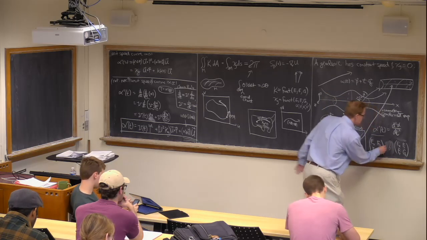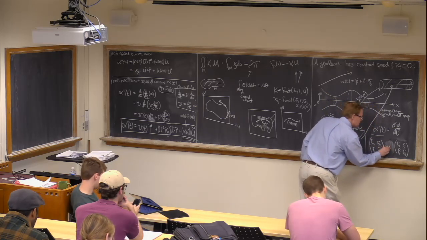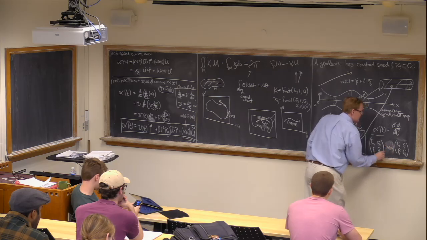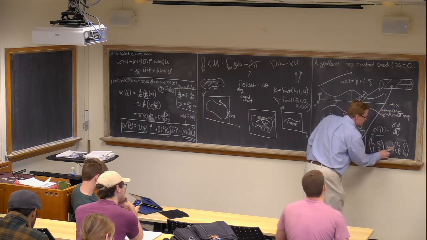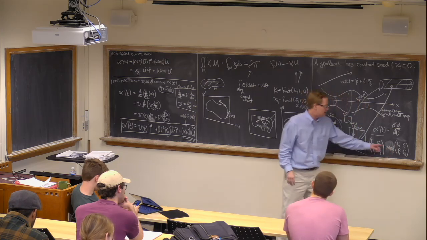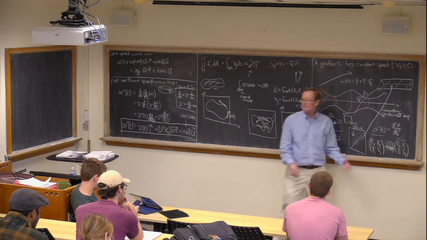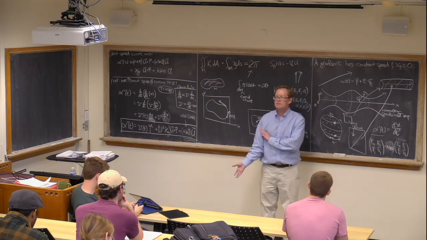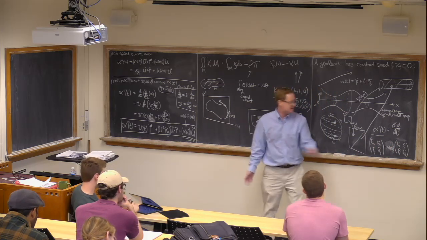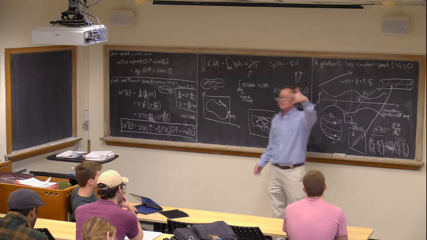So you're changing the E, F, and G's, but only by a uniform factor at each point. E, F, and G each get scaled by the same factor. I don't care what it is, as long as it's the same at each point. But it is a function of u and v. That factor can change point to point.